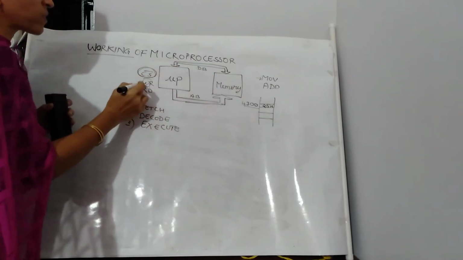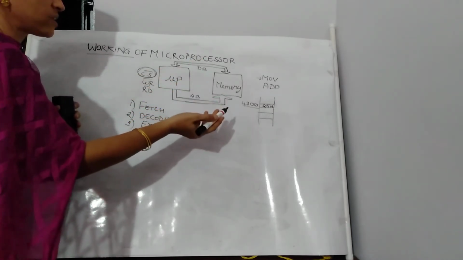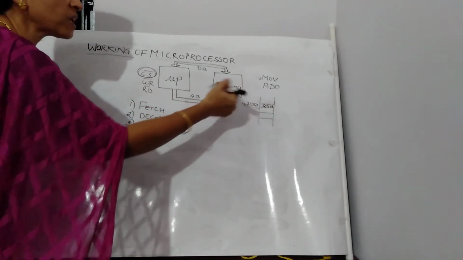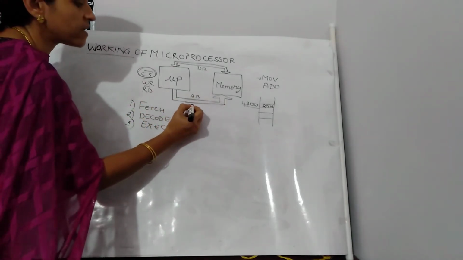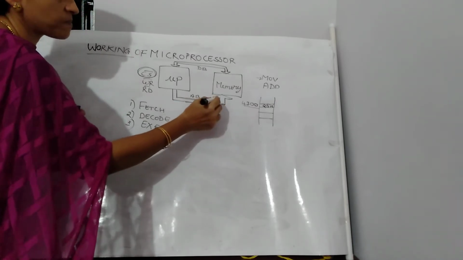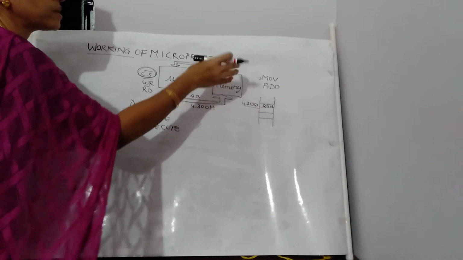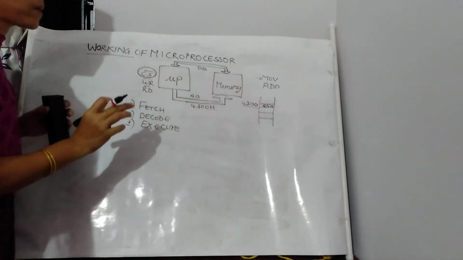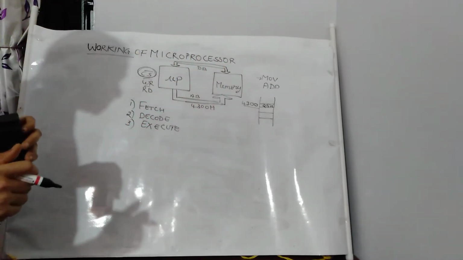Then we have the read bar or write bar, depending on whether it is read operation or write operation. So when we consider here, 25H has to be fetched. So first it will send the address 4300H on the address bus. When the microprocessor sends the address, the memory will then put the data on the data bus. So this is the read operation for microprocessor.